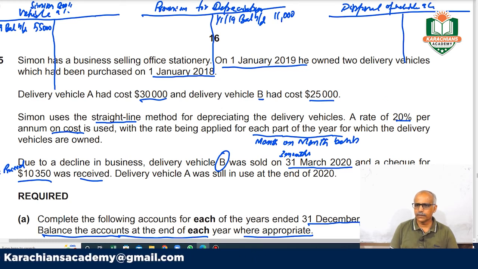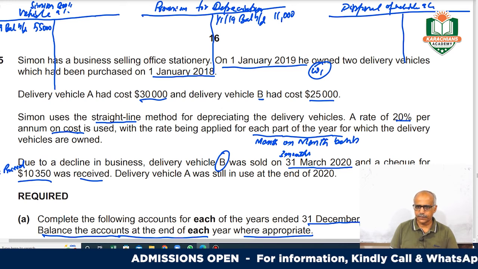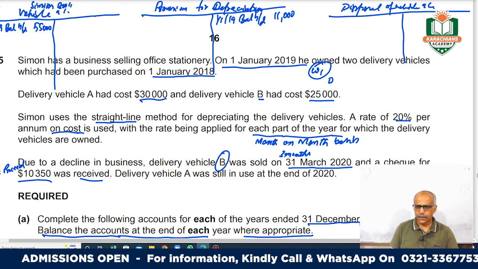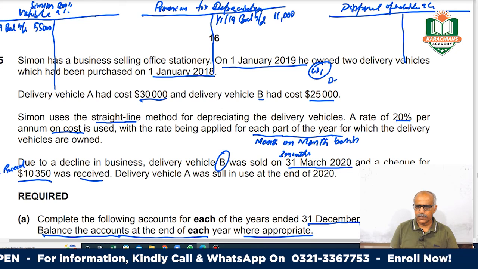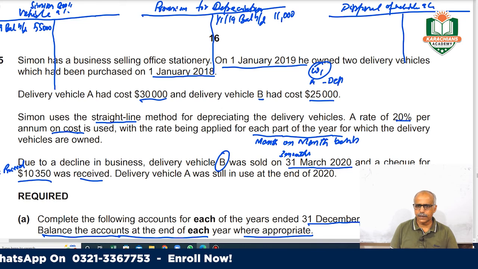This is working one, and depreciation, vehicle A depreciation, if we calculate, its cost is 30,000.